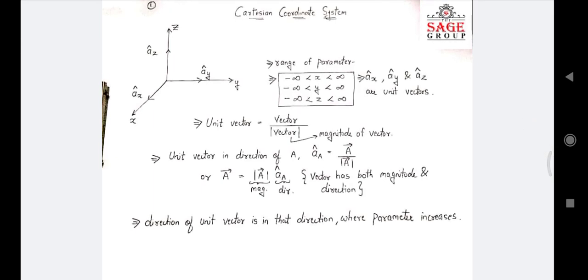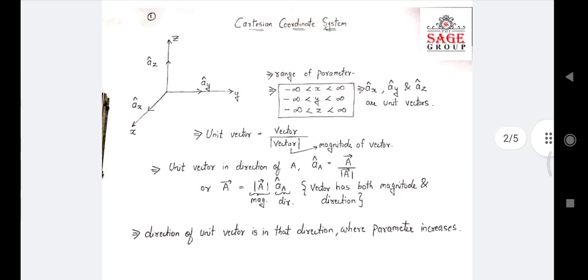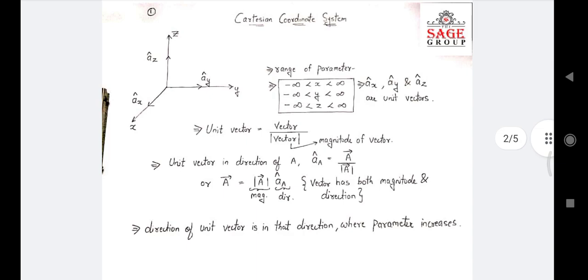It can be as long as you think. So the range of parameters for the x, y, z axes is from minus infinity to positive infinity. I have mentioned the range of parameters in the box on the right hand side, and you can also see that I have written ax cap, ay cap and az cap as the unit vectors.